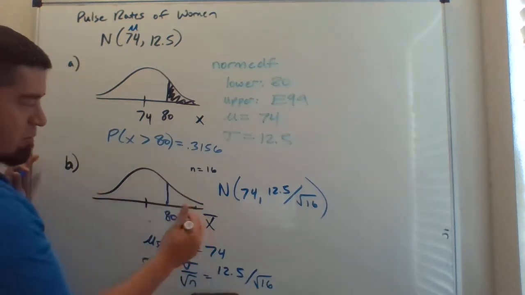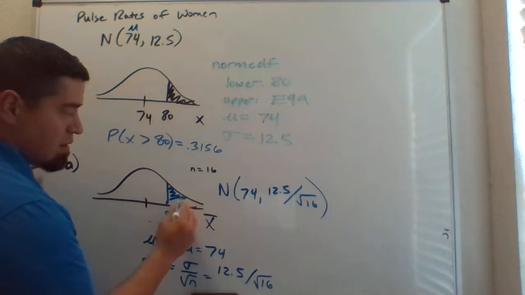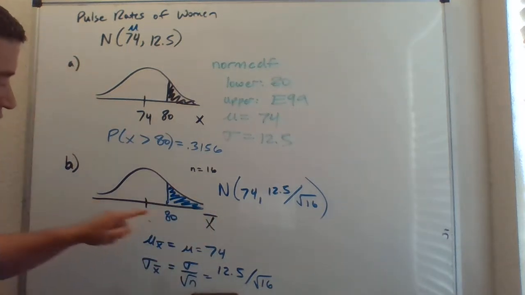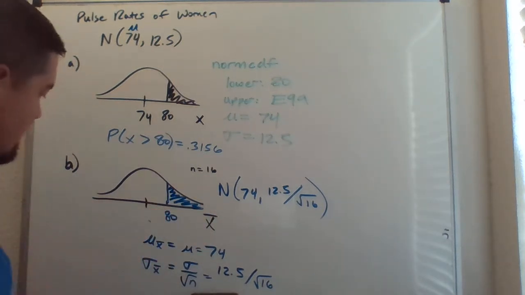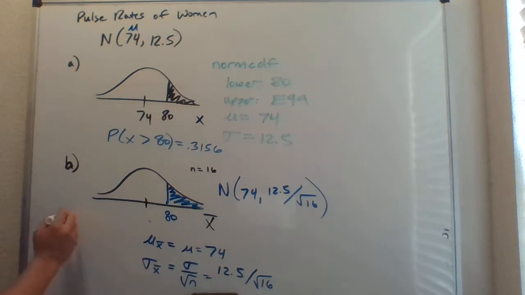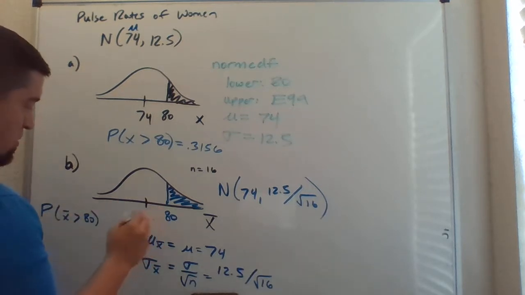In other words, make the normal curve thinner. But I'm interested in the probability. Right now, I'll squeeze this in here. Let me make sure you can see that. Probability that X bar is greater than 80. X bar being the sample mean of 16 females is going to have a mean pulse rate greater than 80.